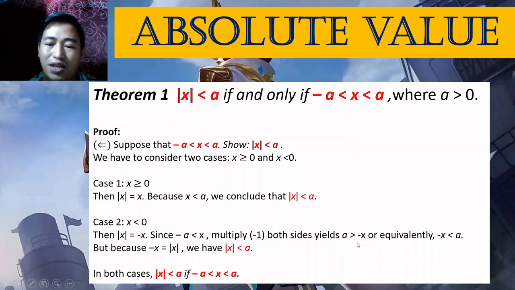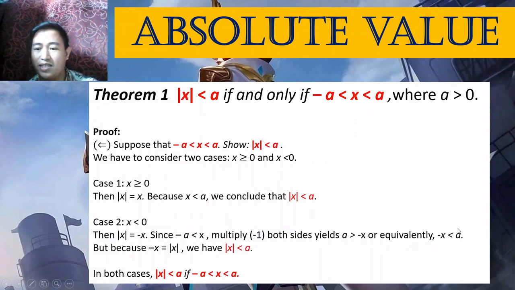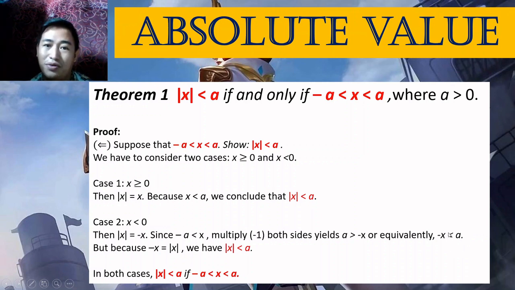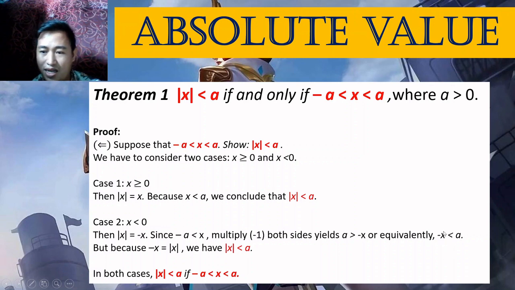This comes from the theorem in Inequalities part 1, so you can watch that video. It's another video. Or equivalently, if we flip it, we get negative x less than A. Again, this comes from the theorems in part 1. Okay? So, negative x is less than A.